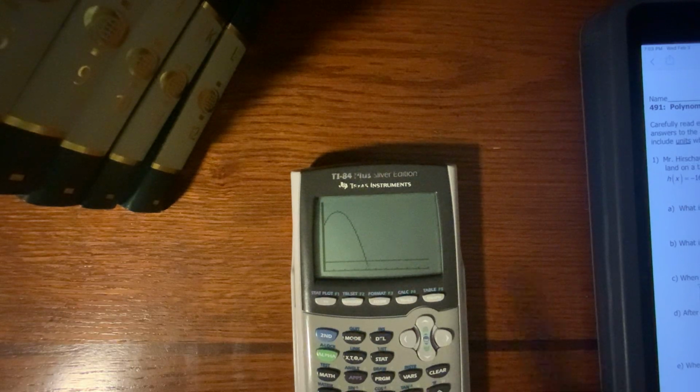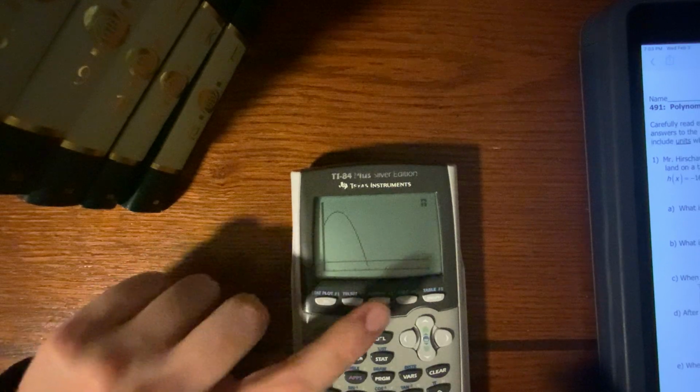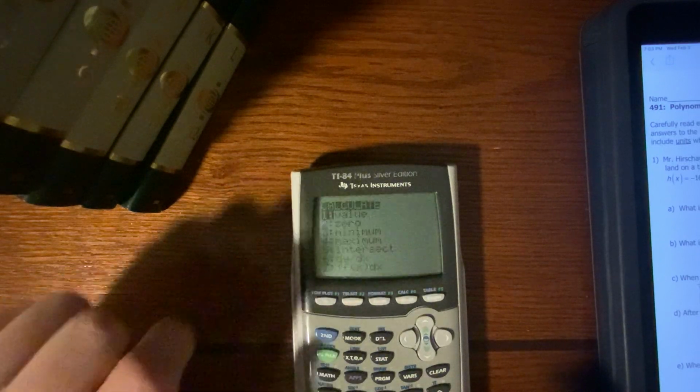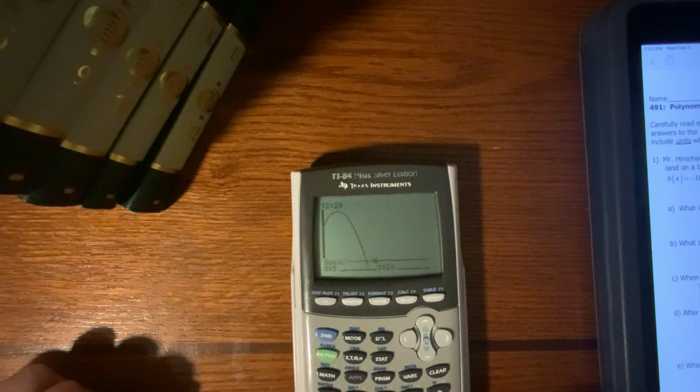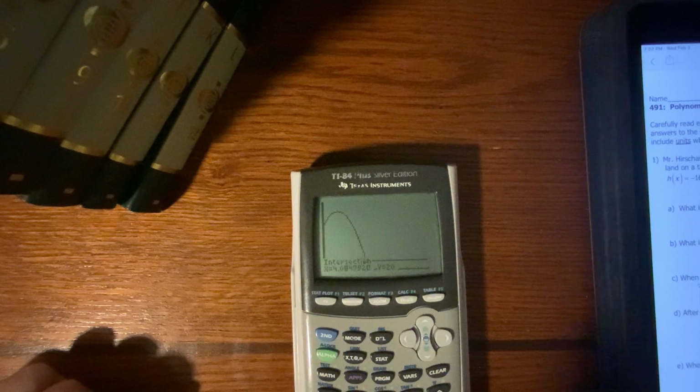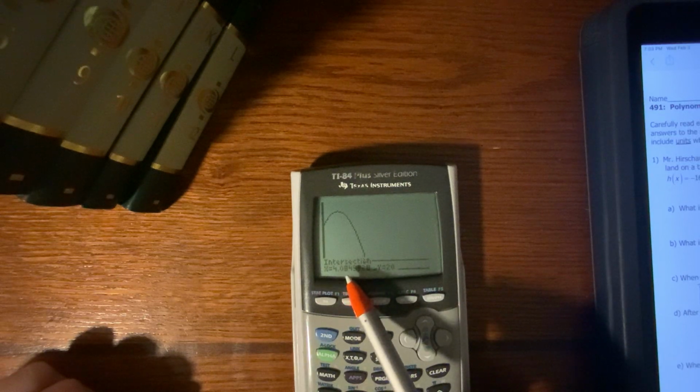Now, if we want to find that exact intersection, we do second, trace, go down to option 5, the intersection. First curve, second curve. Remember, there's only 2 curves on here, so we could just press enter twice and then guess. And there it is, right? So it achieves 20 feet at 4.085 seconds.